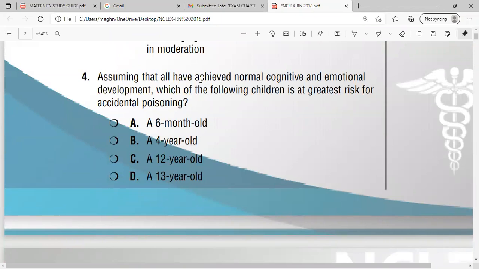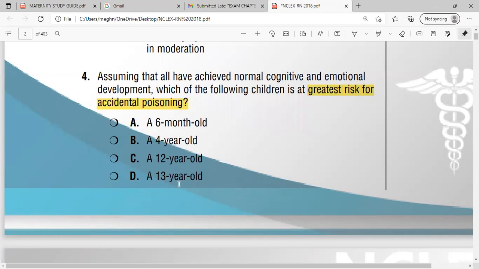Assuming that all have achieved normal cognitive and emotional development, which of the following children is at the greatest risk for accidental poisoning? So this question is about the greatest risk of accidental poisoning. Which group has more chance of accidental poisoning?